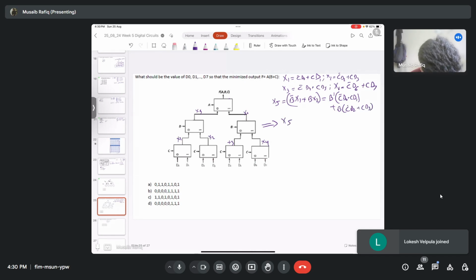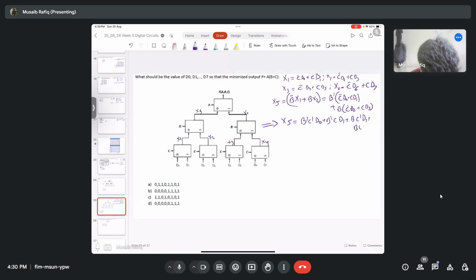So ultimately my x5 will be equal to b bar c bar d0 plus b bar c d1 plus b c bar d2 plus b c d3. Similarly, x6 will be equal to b bar c bar d4 plus b bar c d5 plus b c bar d6 plus b c d7.